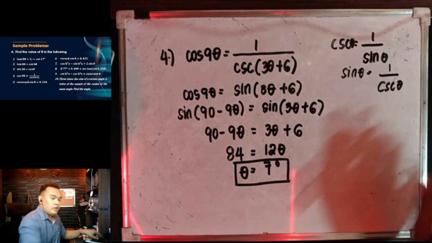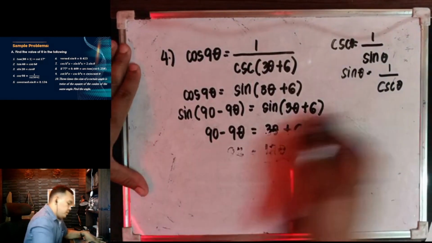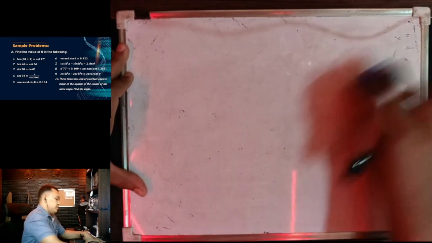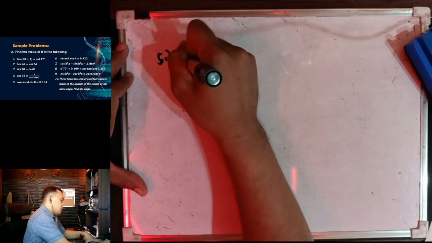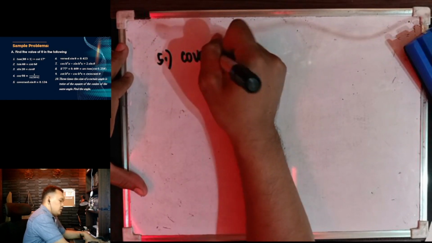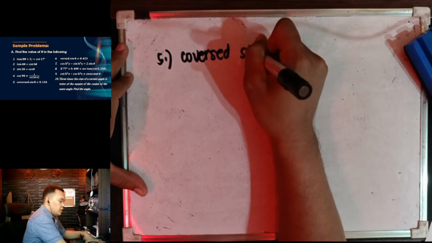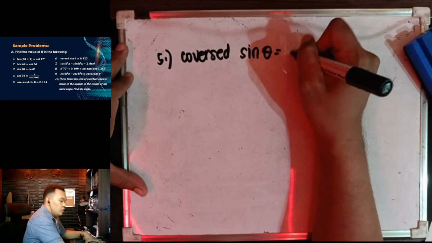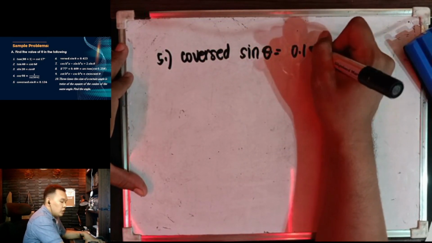Next, problem number 5. Problem number 5 is covers sine theta. So, first, covers sine theta is equivalent to 0.134.